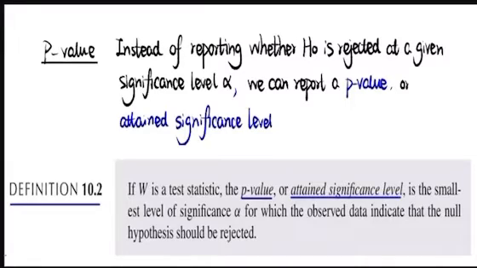Now, if you take a look at the definition, if W is a test statistic, the p-value or attained significance level is the smallest level of significance for which the observed data indicate that the null hypothesis is rejected. So which means p-value is a measure of the level of significance. And that p-value is now going to be the smallest level alpha can be before the null hypothesis can be rejected.